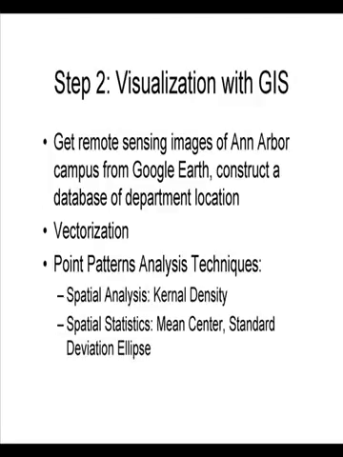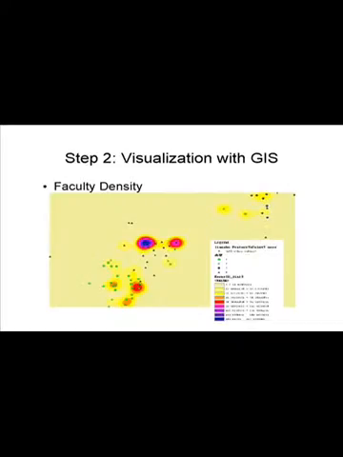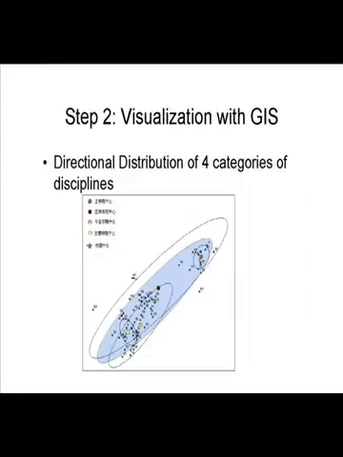GIS spatial analysis and spatial statistics analysis are the main methods to research, and we compared the result to that found by social network analysis. In this image, you can see the density of the faculty in this university. From this legend, you can see the more people, the darker the color. This image shows a directional distribution.